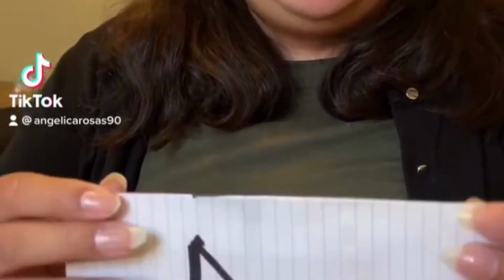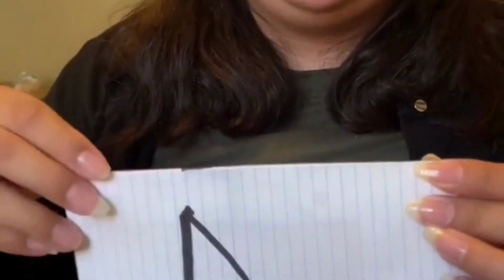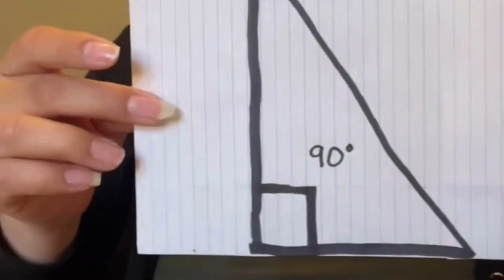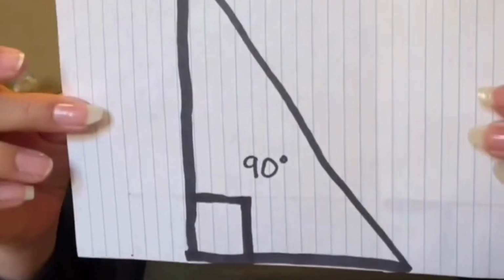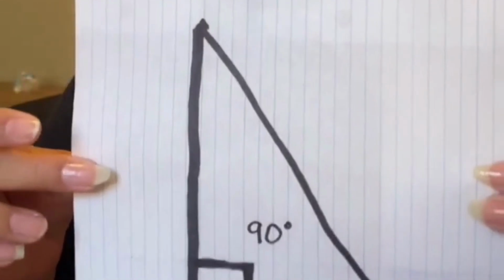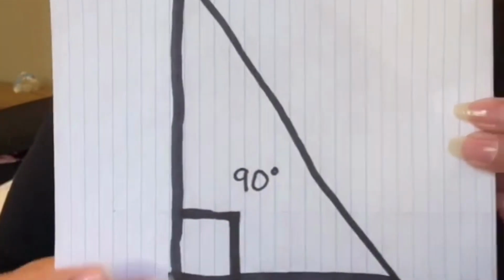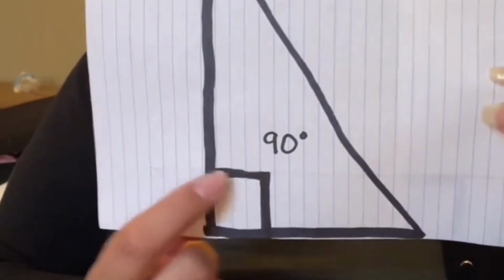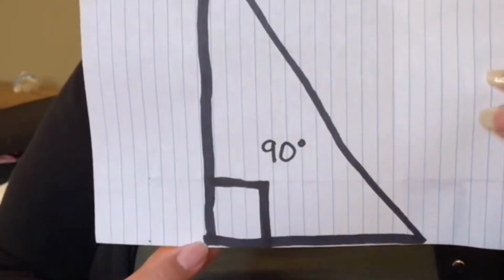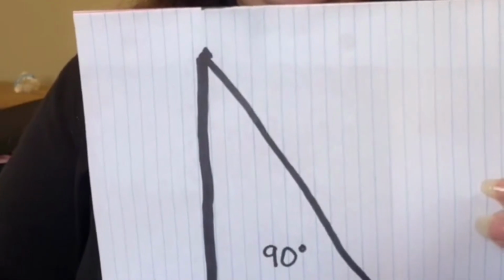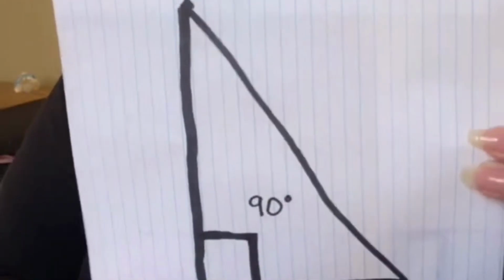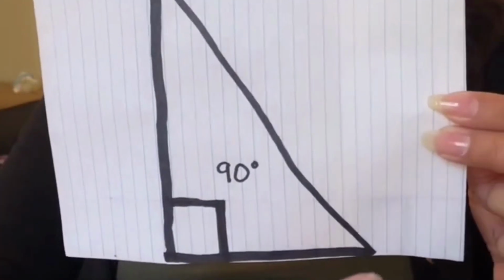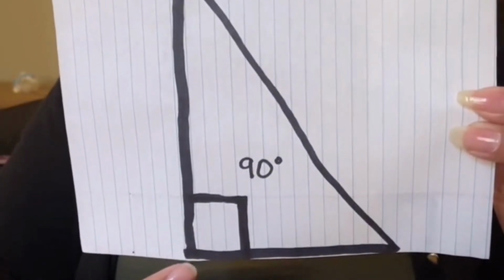Okay, so now that we know what a right angle is, we're going to be able to build upon that. All right, so here we have a right triangle. It's called a right triangle because of its angle that we have here at the bottom. Can you see the square here? And what does that mean? Yes, that means it's a right angle. These two lines make a right angle.